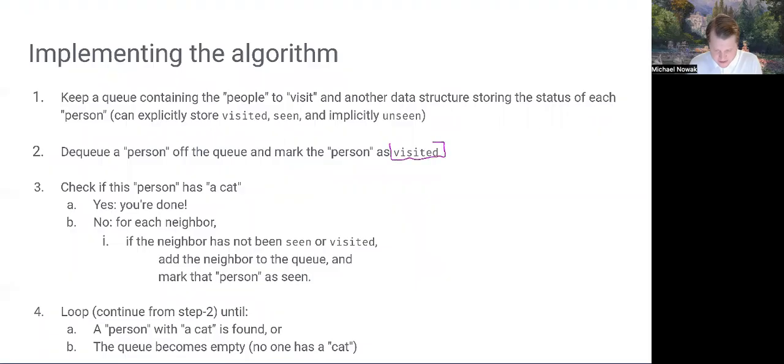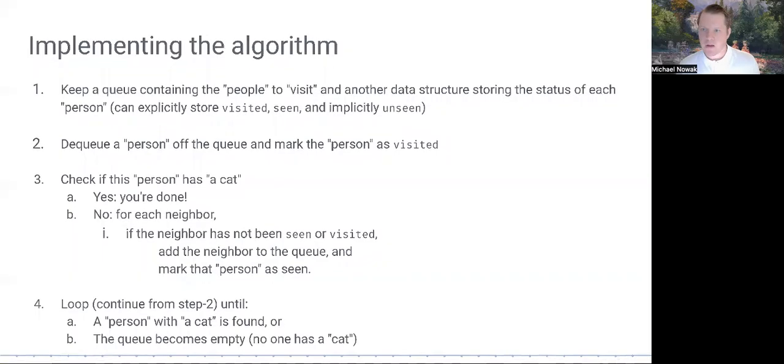And if we have visited them, that's going to indicate that we have gone through and looked at their neighbors and processed their neighbors. So I'm just going to distinguish between the two. I find it helpful because it allows us to quickly look into that data structure and determine where we are in terms of processing each node, and that could be useful in other algorithms.